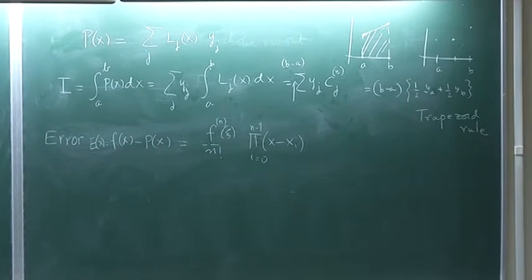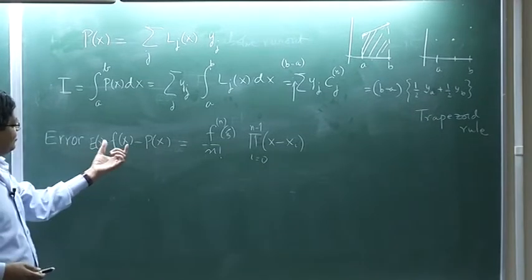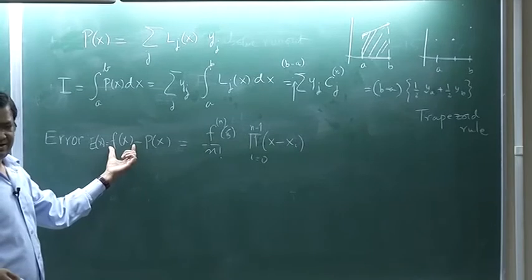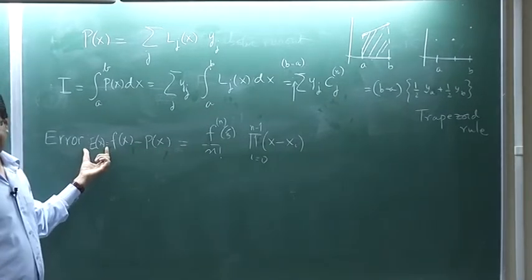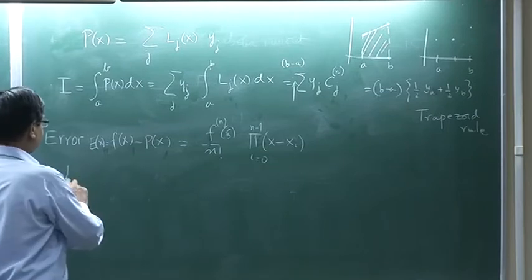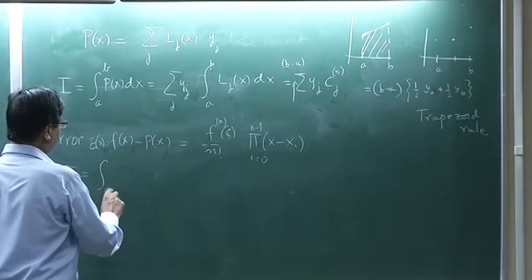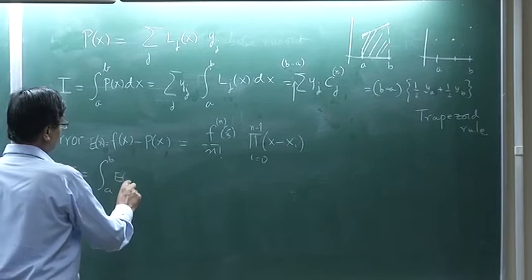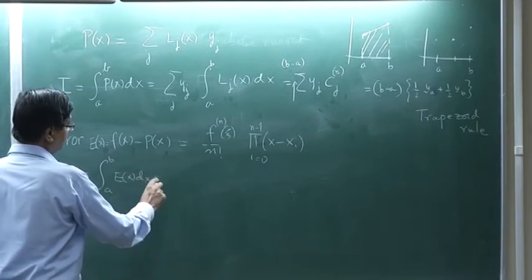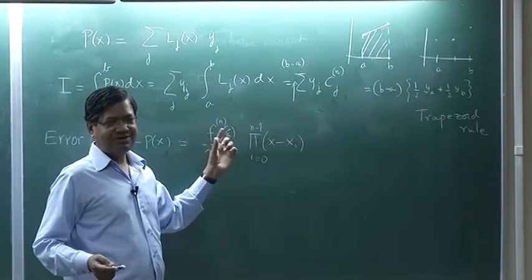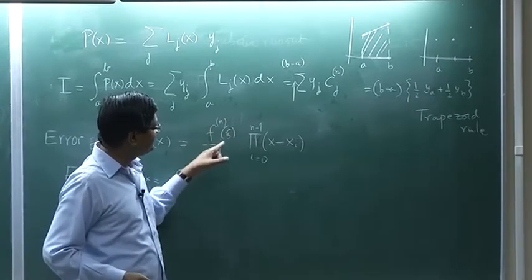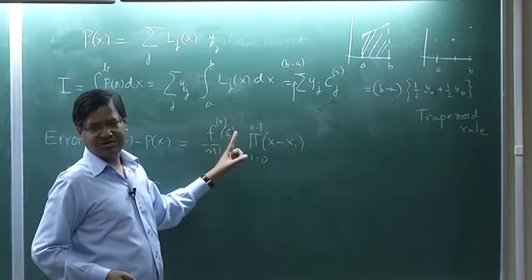Okay, so how do I estimate the error? So I wanted the integral of f(x) dx, but I computed the integral of p(x) dx. So the error is basically the integral of E(x) dx. So error is the integral from a to b of E(x) dx. So this is a number. We don't know zeta, but we can make an estimate of this number, an upper bound on it.